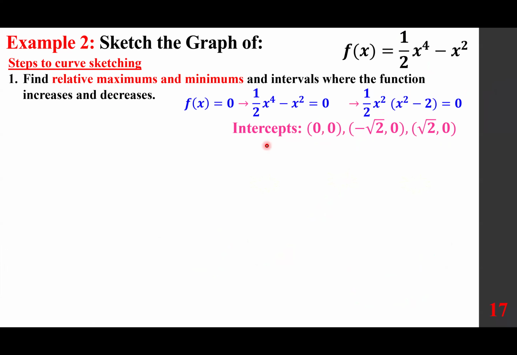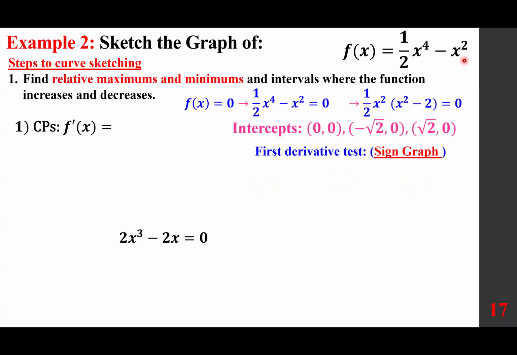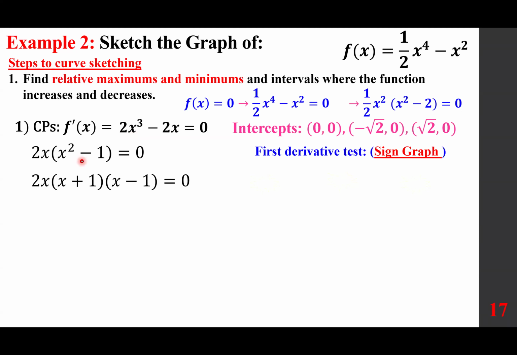All right, so the first thing is to find CPs, and therefore we are looking for the first derivative test and f prime of x. 1/2 times 4 is 2x cubed minus 2x equals 0. You can factor the 2x, and you get x squared minus 1. And x squared minus 1 is x plus 1 times x minus 1.